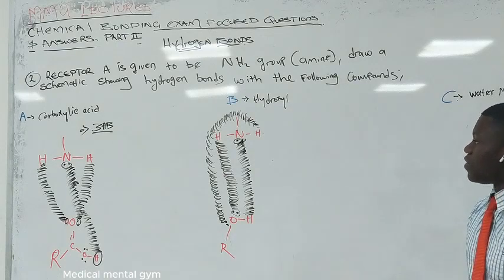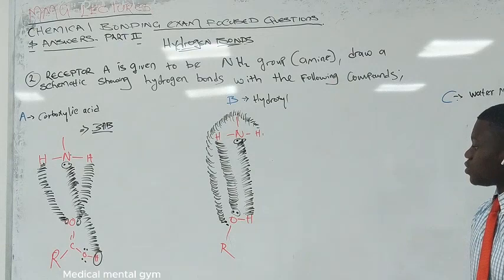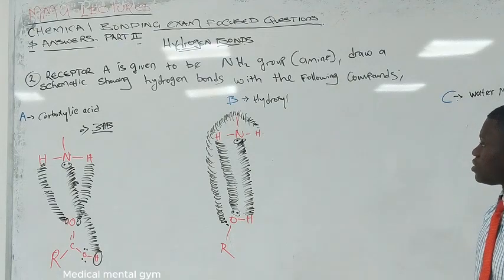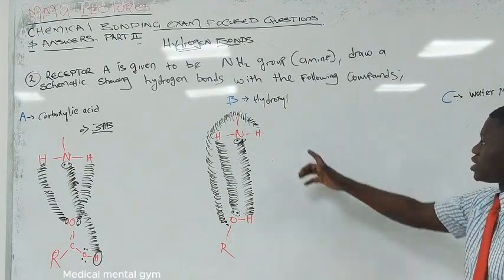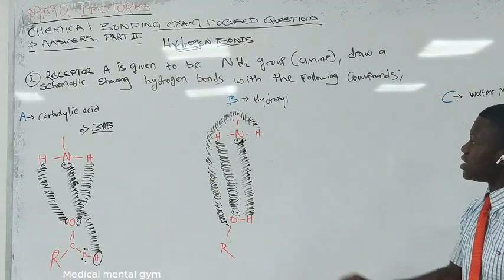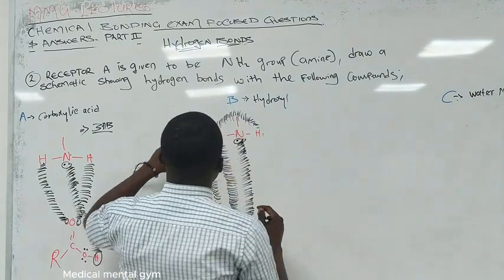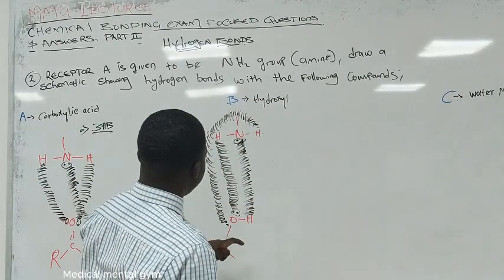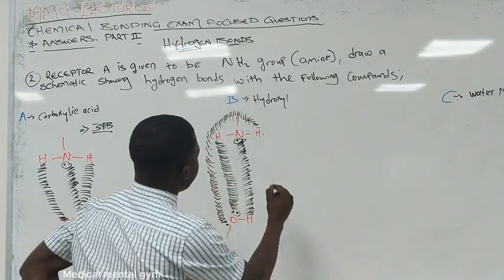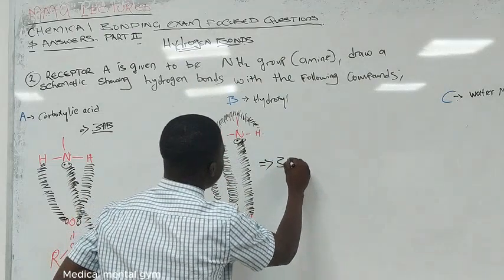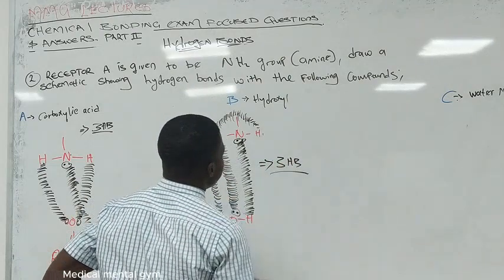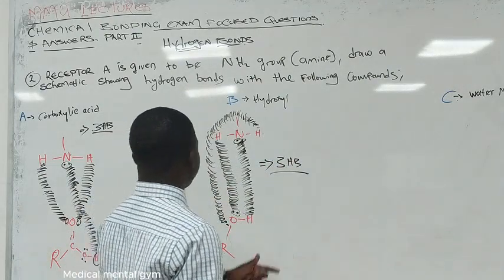So the absence of hydrogens concludes to say 3 hydrogen bonds are the total number of hydrogen bonds a hydroxyl group and an amine group are able to produce when reacted. So the hydroxyl and the amine group produce a maximum of 3 hydrogen bonds. So let's take note of these bonds.